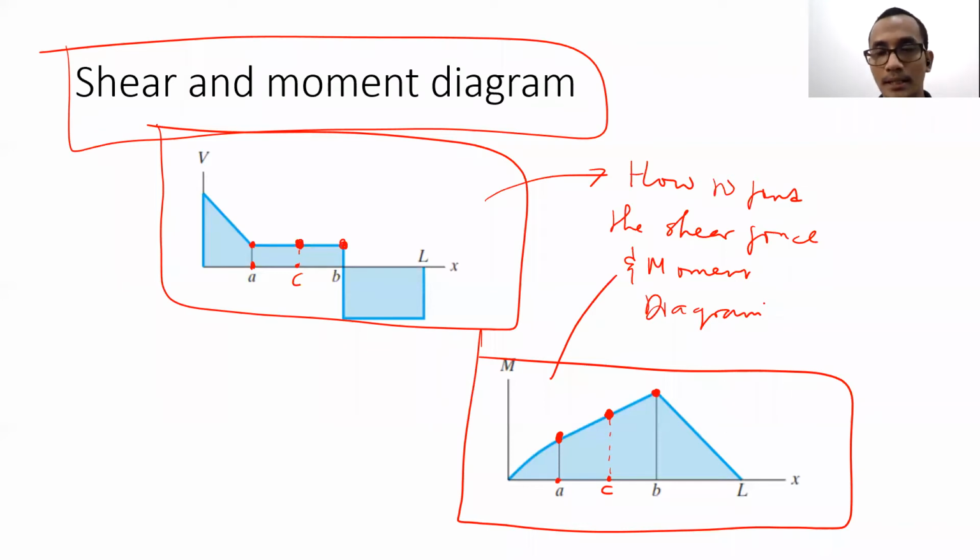Basically, the concept behind it is still section. We still need to do section, but the location is uncertain, which means that we have to put the location as a variable distance, like x, like that.